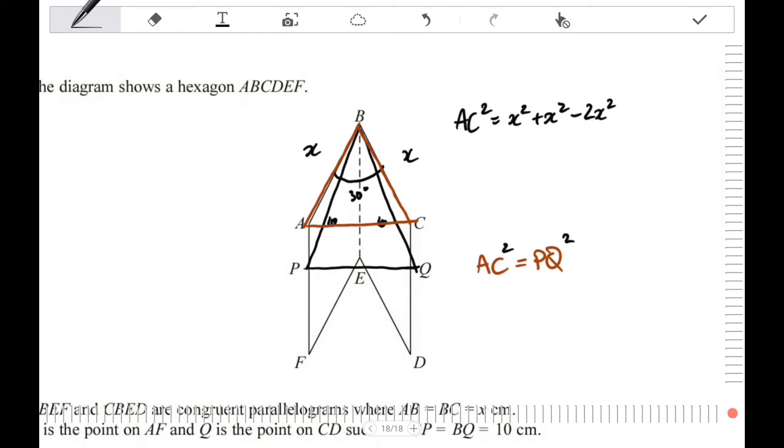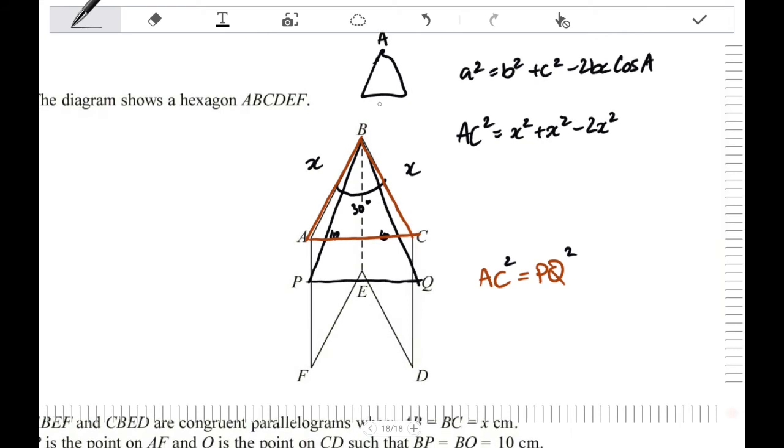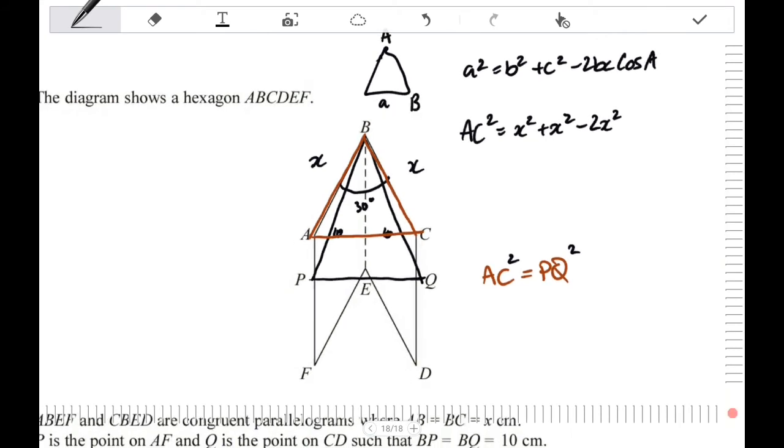I definitely recommend to memorize this formula: a squared equals b squared plus c squared minus 2bc cos A. And your triangle here is A, B, C. So in this case, the lowercase a is AC, and the uppercase is the angle A. So cos 30.